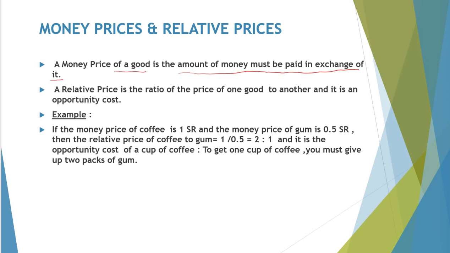So, a relative price is the ratio of the price of one good to another and it is an opportunity cost. For example, the money price of coffee is 1 ringgit.